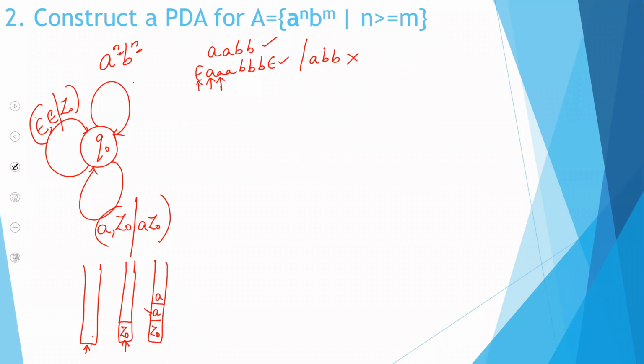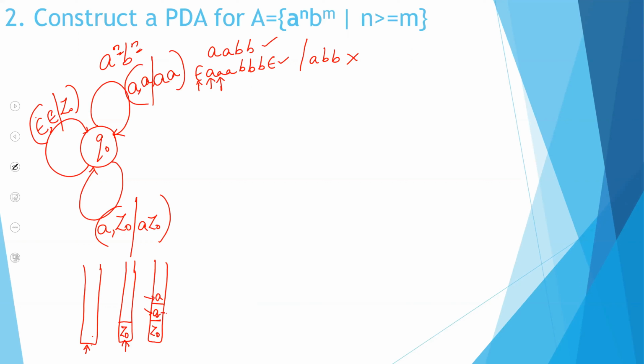What is my input symbol? I encountered an A. What was the top of my stack? The top of my stack was A. What did I push into the stack? I pushed into my stack A. And what was the just previous? The just previous was A. So I write A, comma, A slash A A. I'll go once again.